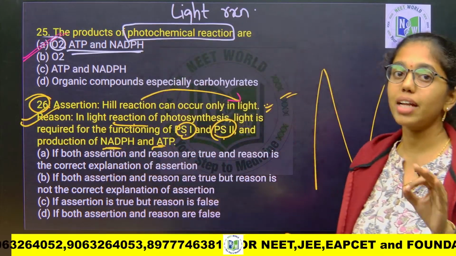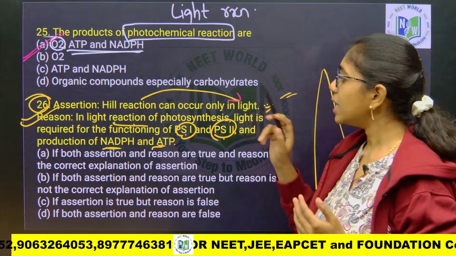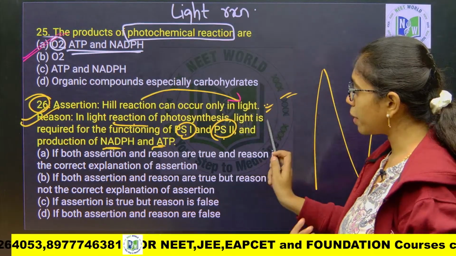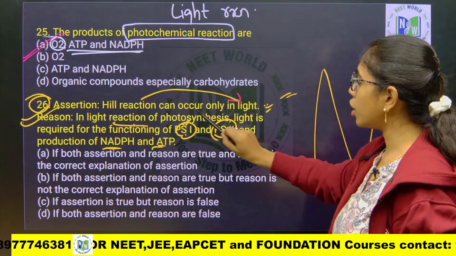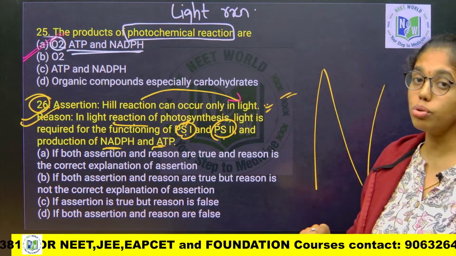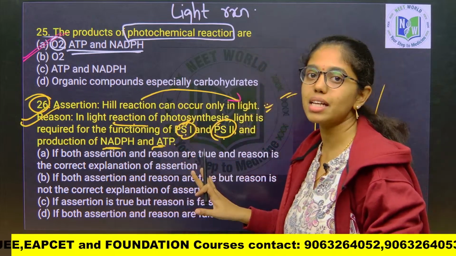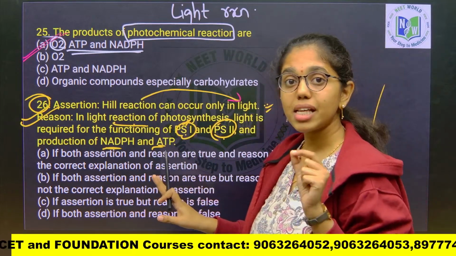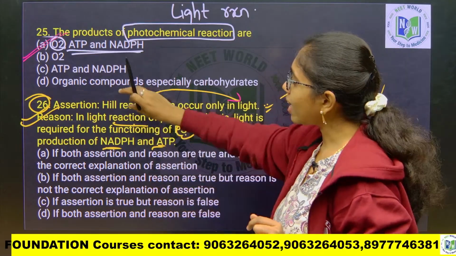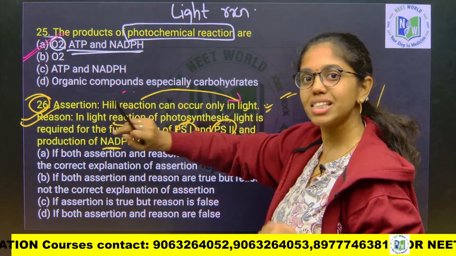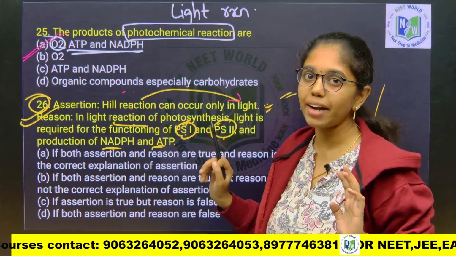It is required for the functioning of both PS1 and PS2 and production of NADPH and ATP. This is how you have to tackle assertion and reason questions, whether the reason is explaining or not. If assertion is true and reason is false, there is no issue, you can easily identify the option.